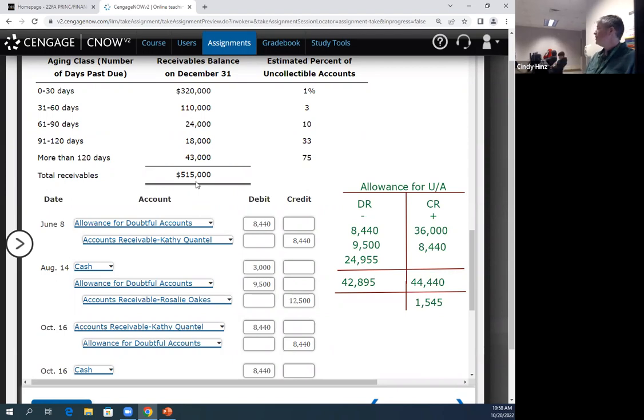With your understanding of what just happened, I want someone to tell me, how would this allowance account end up with a debit balance? What would happen to make this account have a debit balance?